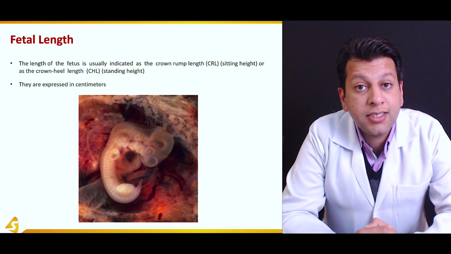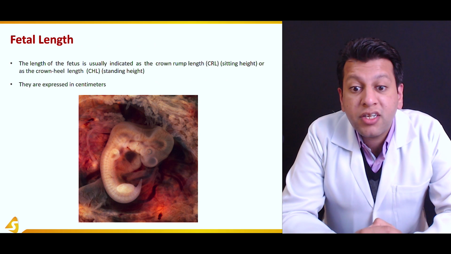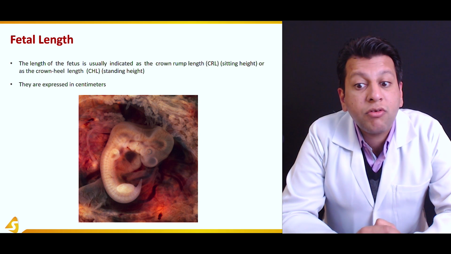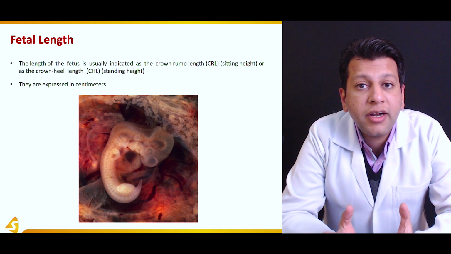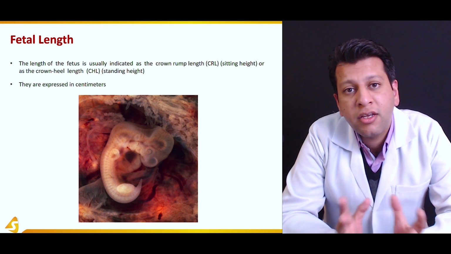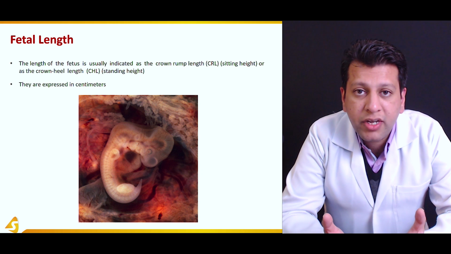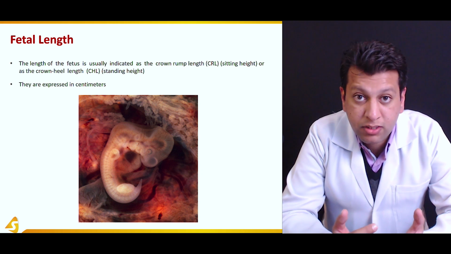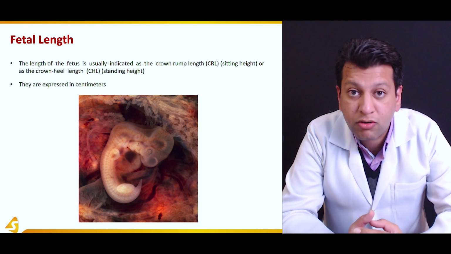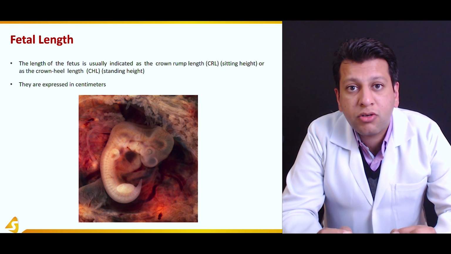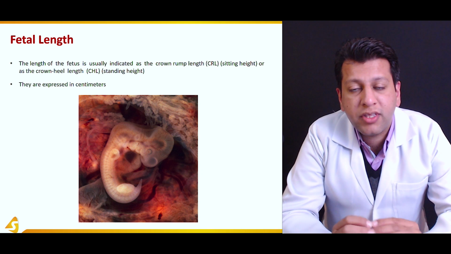Coming to the fetal length, the length of the fetus is usually indicated as crown rump length, or sitting height. Why is it called sitting height? Although the fetus is lying inside the mother's womb, if we take a line from the vertex, the top of the head, to the coccyx area in an adult, this becomes the crown rump length.